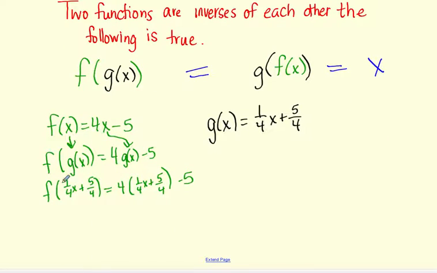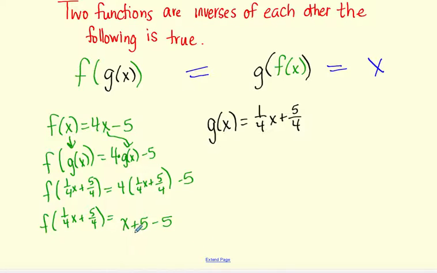As you should know with function composition, this part right here will not change. That just stays the same. This is the part that we will simplify. So it is 4 times the function. So I do 4 times 1/4, which would be x, and 4 times 5/4 would be 5. And then this minus 5 would drop down.